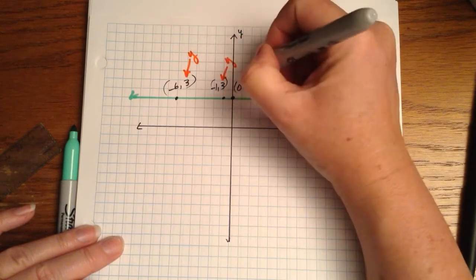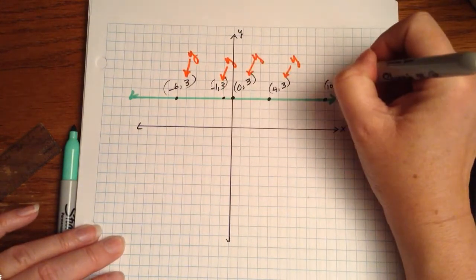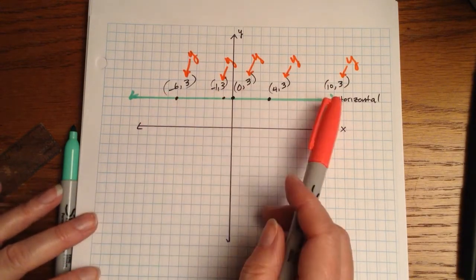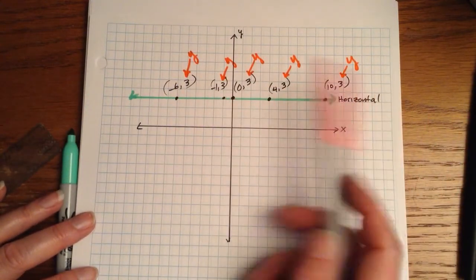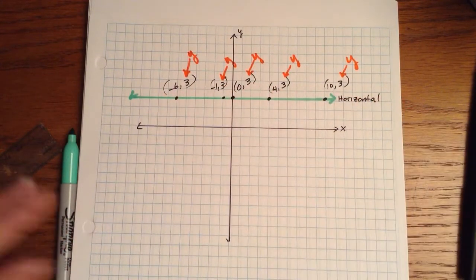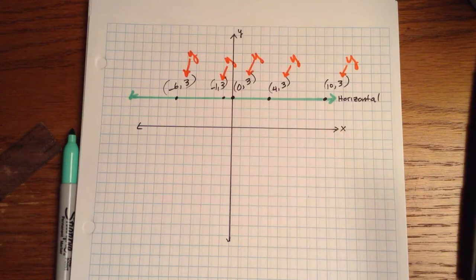The y-coordinates, every single one of them is 3. Now the x's could be anything. They can go all the way out to infinity on the right and negative infinity on the left, and every number in the real number system is in there. X's are running wild, but all the y's are exactly 3.